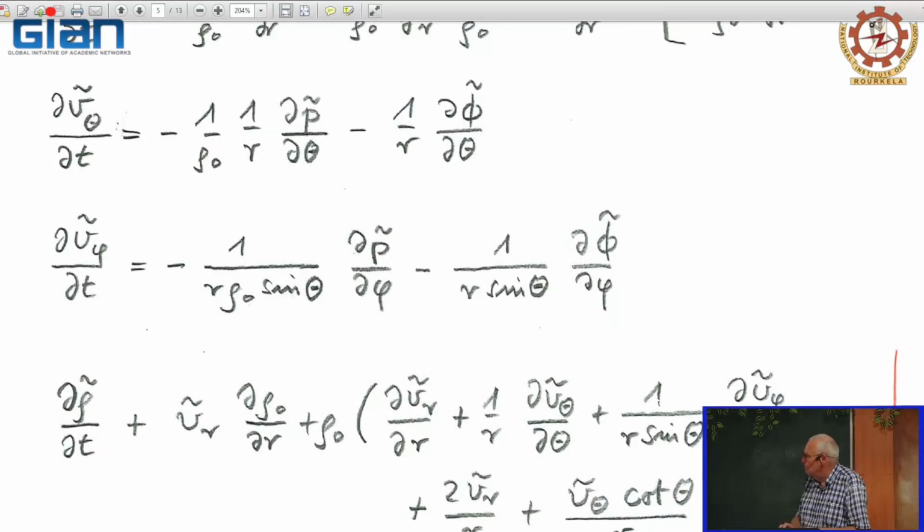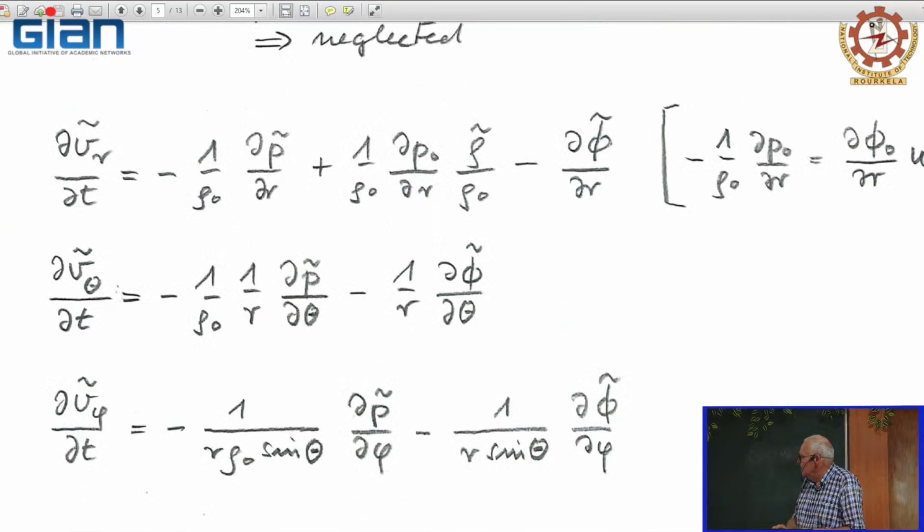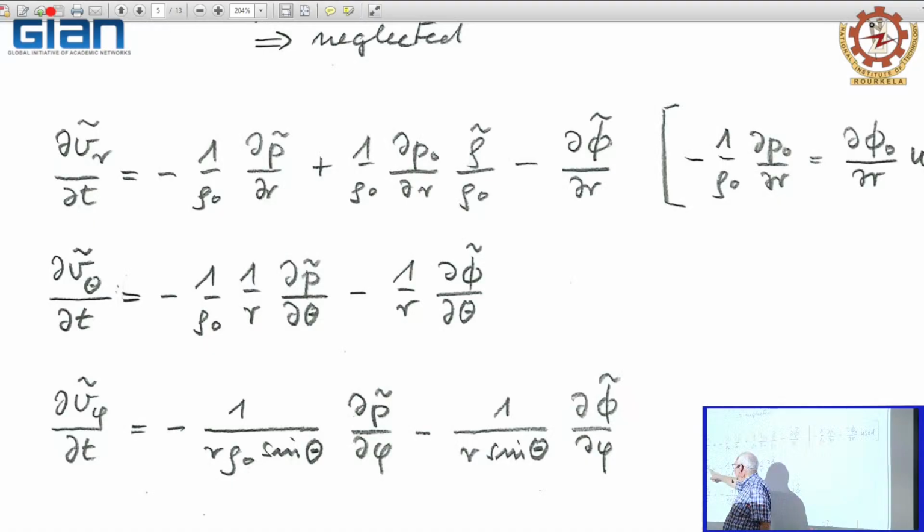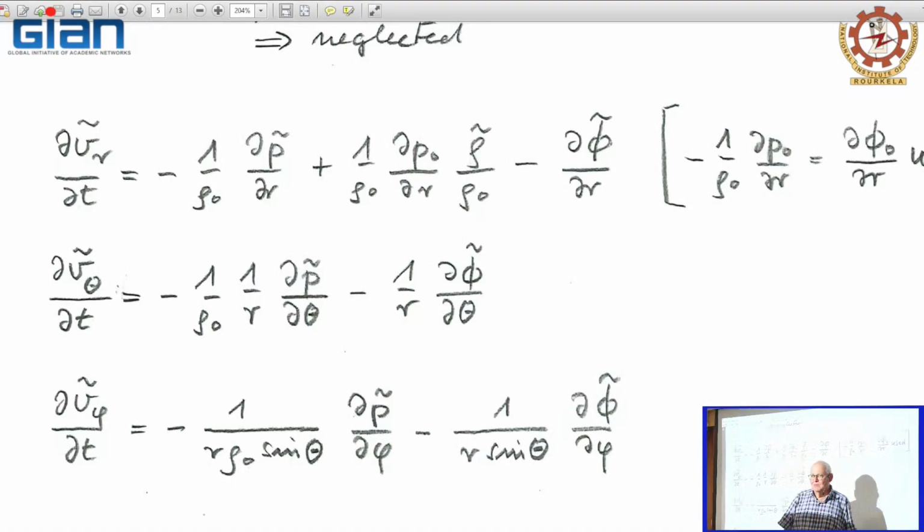Second and third components of the momentum equations. So we have the expressions for dv theta tilde by dt and dv phi tilde by dt. We insert this and eliminate the velocity components v theta and v phi.